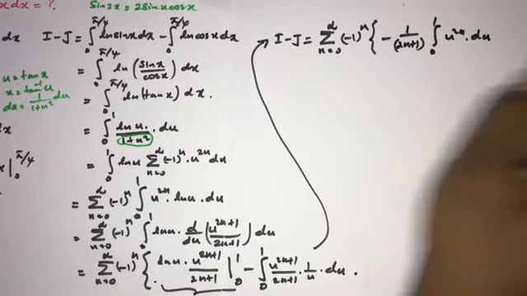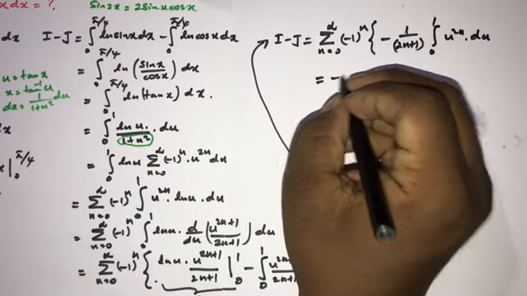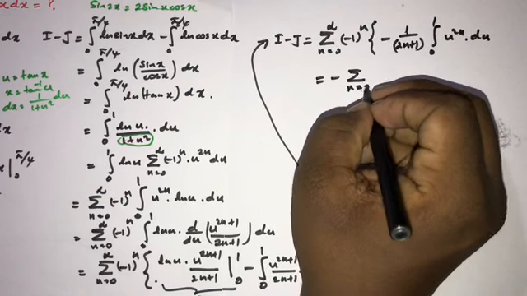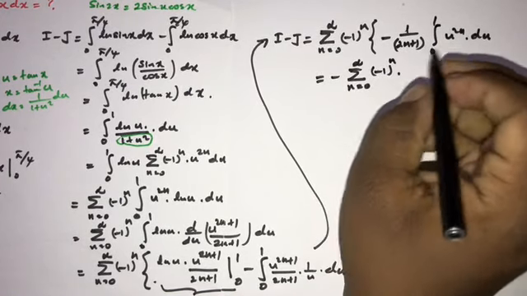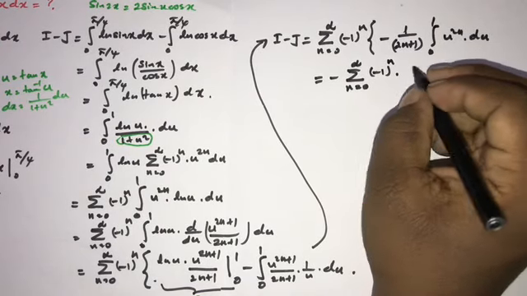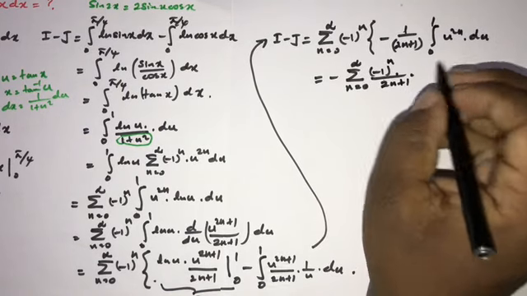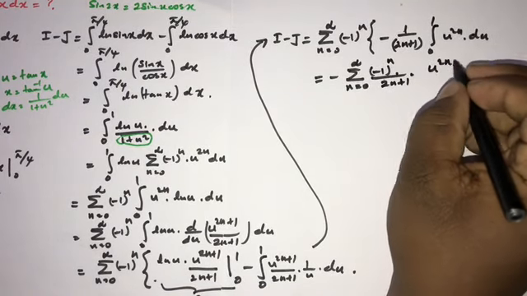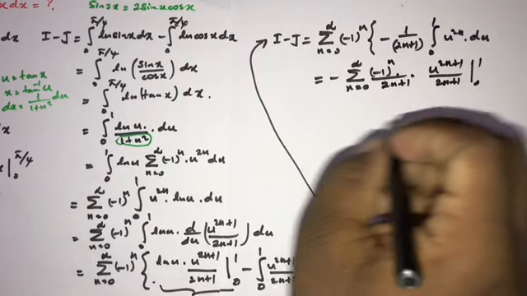Okay, then we can write this is equal to, now here minus sign, so minus infinite sum 0 to infinity minus 1 to the n power. Now if we integrate u to the 2n, we know u to the 2n plus 1 over 2n plus 1, limit 0 to 1.